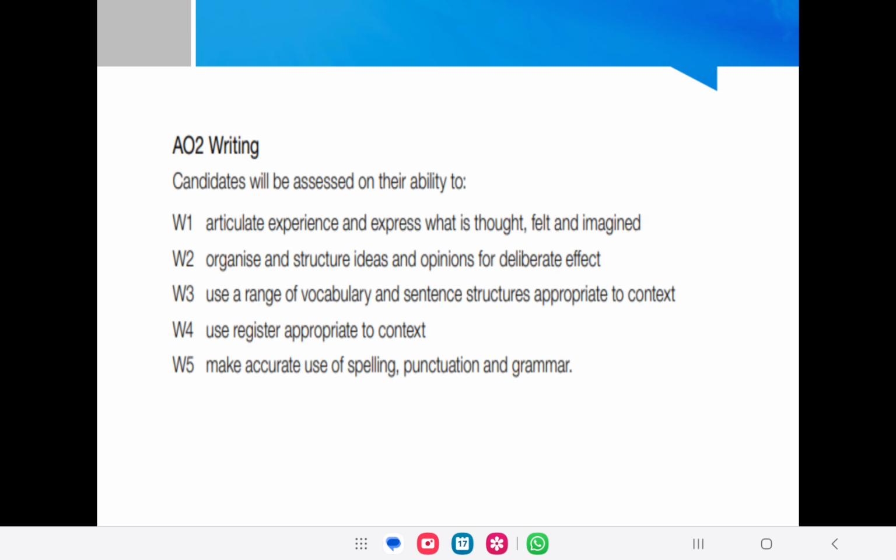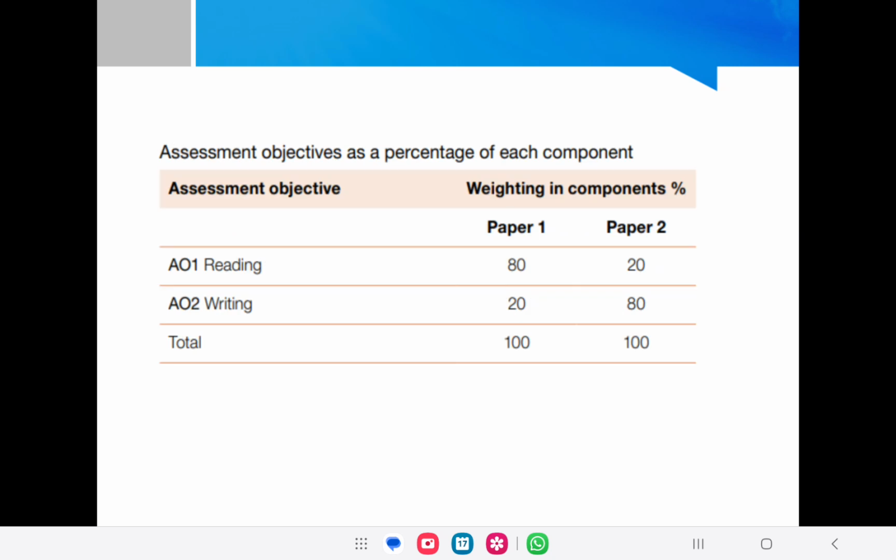When we do question number 1 of writing paper, that is directed writing task, in that we have 2 objectives from a reading side also. So we will assess those objectives while we are doing the syllabus. Assessment objectives as percentage of each component, we discussed this yesterday also while we were doing P1.